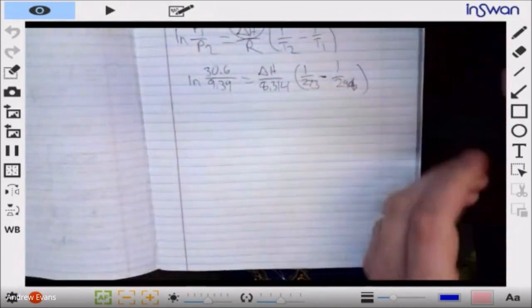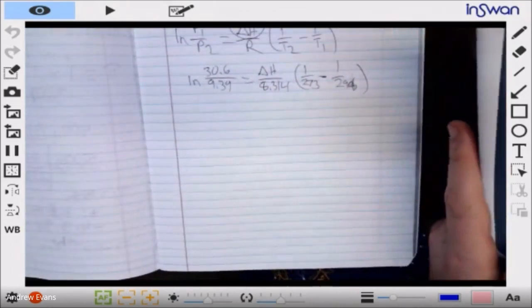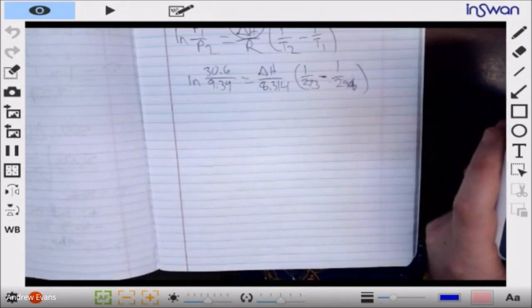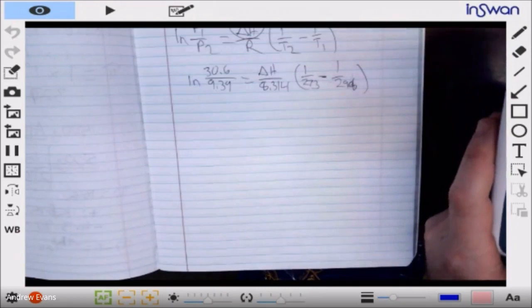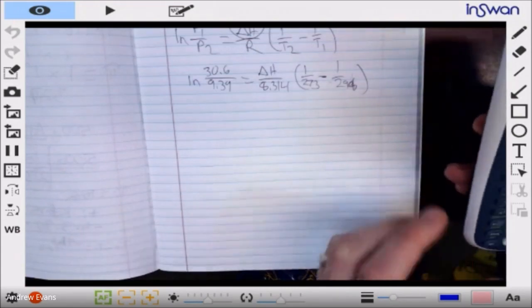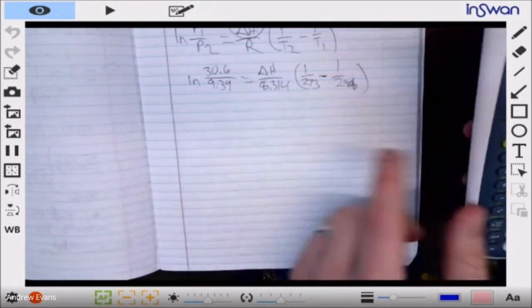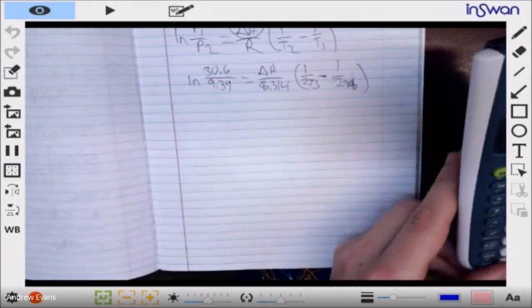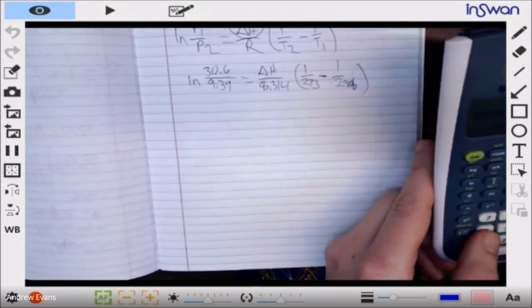You have to go about solving this systematically. 1 over 273 minus 1 over 298 is a really small number. Divided by 8.314, also a really small number. ln of 30.6 divided by 9.39, really small number.